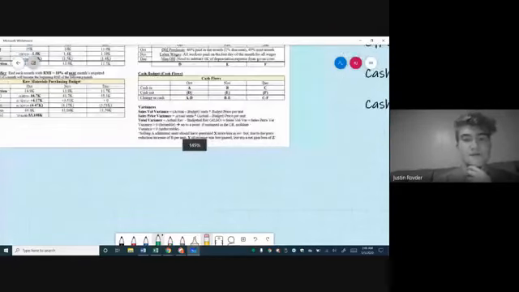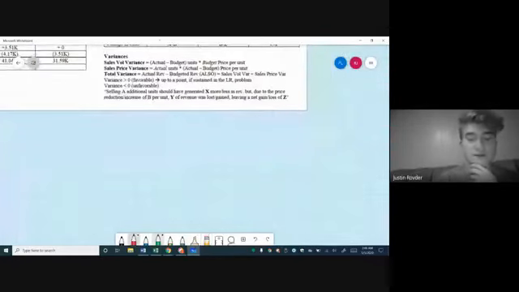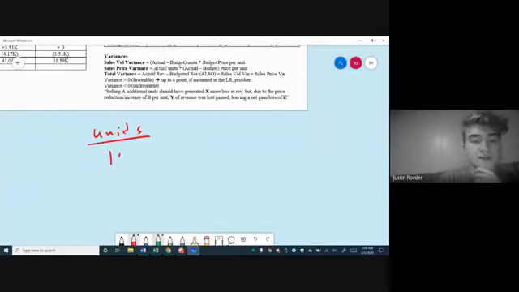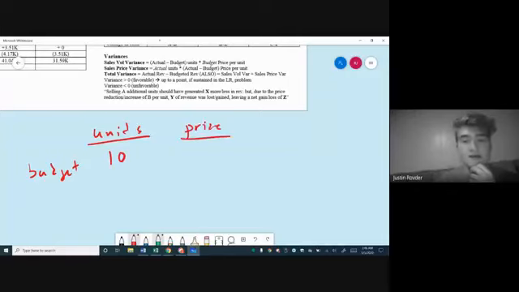So we're looking at variances. So before I even start variances, I'll kind of just give an example. So let's say you plan to sell 10 units. This is your budget, by the way. You plan to sell 10 units for a price of $10 per unit.